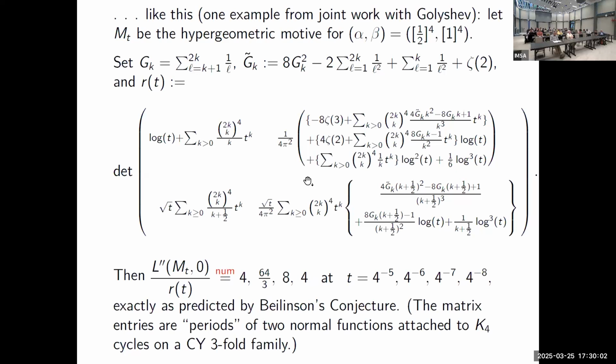But those are symmetric under an involution of families. I didn't write those. And it fails at all the other points. And there's a very good reason for that. Beilinson's conjecture says it should fail because one of the cycles does not extend to an integral model. And the matrix entries are periods here of two normal functions attached to K4 cycles on a Calabi-Yau threefold family.